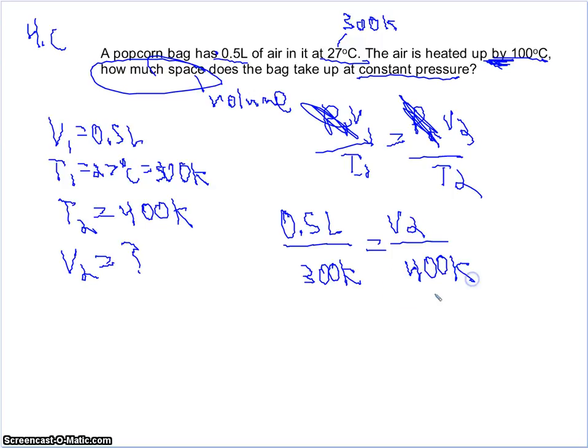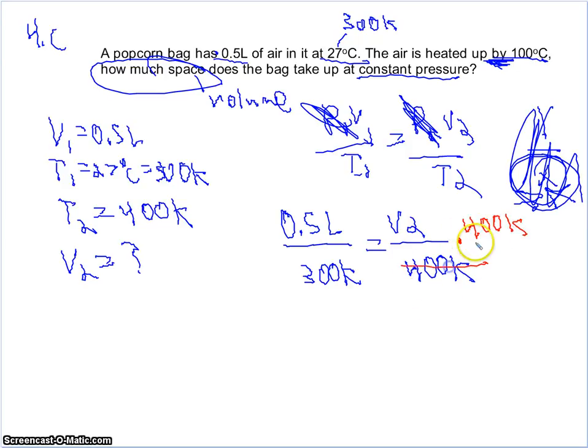Do I have to cross multiply? No! You only cross multiply when the variable you're looking for is in the denominator, which isn't the case. So all I have to do is the opposite of what's currently happening to V2. Currently V2 is divided by 400 Kelvin, so I'm going to multiply by 400 Kelvin. That's going to cause this to divide out and leave me with V2 by itself.